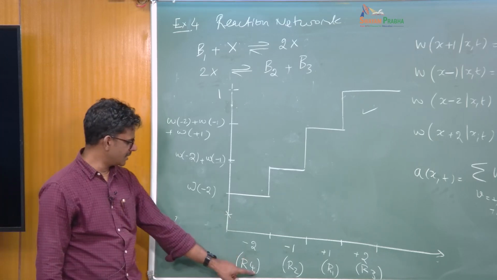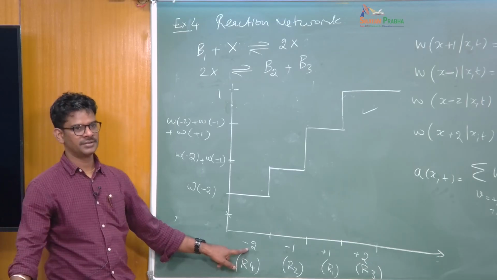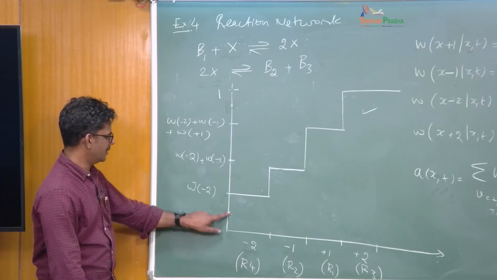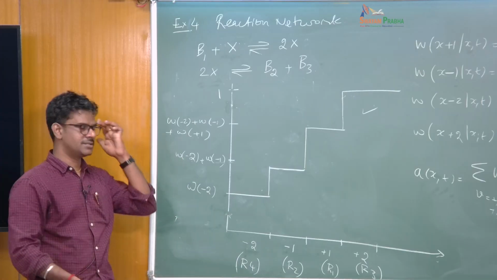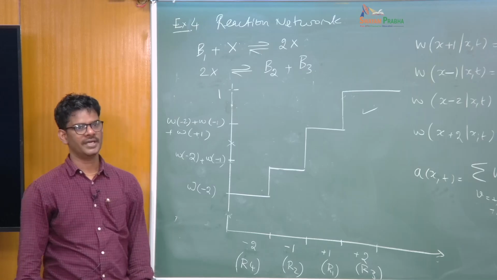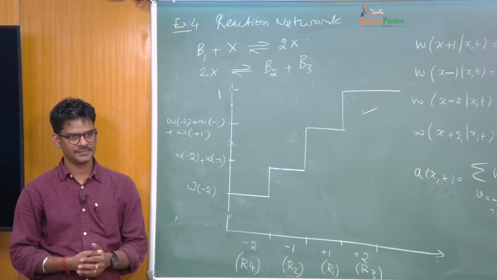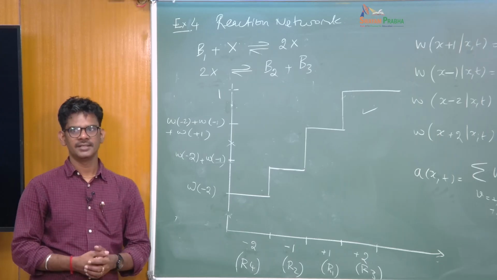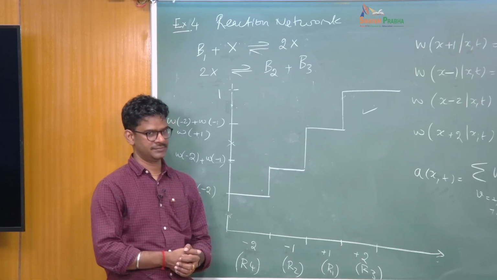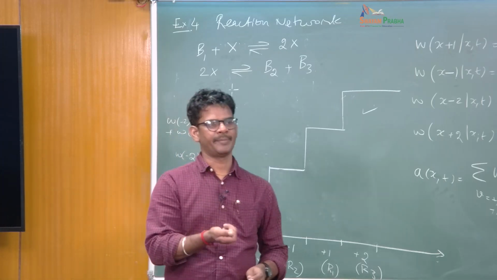Then I would choose reaction R4 and decrease the number of molecules of x by 2. And if in some other instance the random number happens to be here, then you would choose R1. So this is how you choose which reaction is going to happen, and accordingly update the state variable. This is one simulation step.